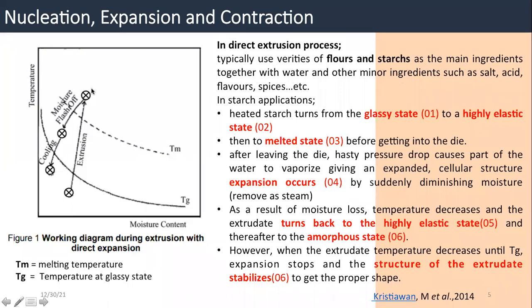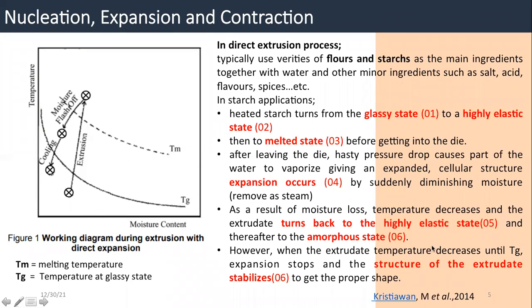Then when we increase the temperature, the melted state is the third one, and then expansion is there after moving through the die, when the water molecules absorb energy and evaporate as steam. Then the temperature of the product may decrease.